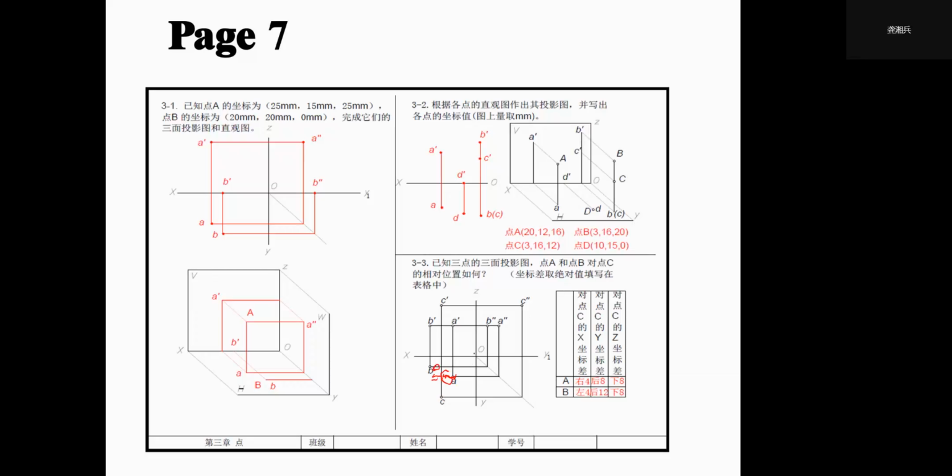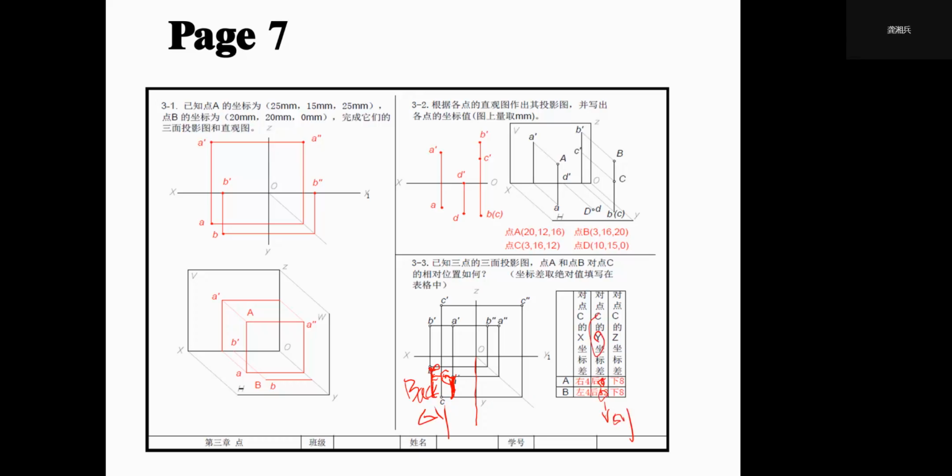But for the Y position, Y position is this one. Points A and B are on the back, behind. This length is H for A. This length means delta Y. So this one is delta Y for the back, for the Y position.